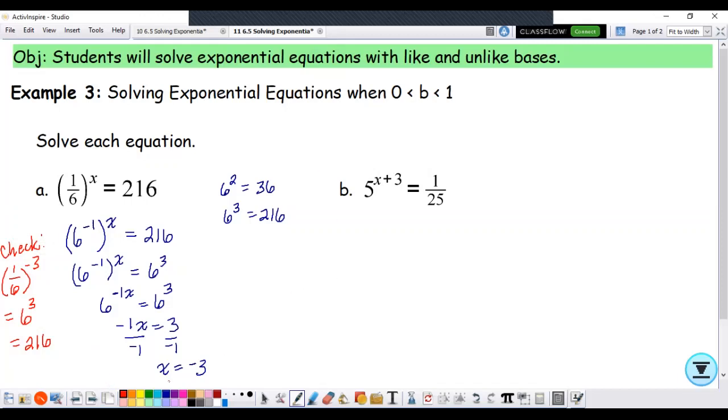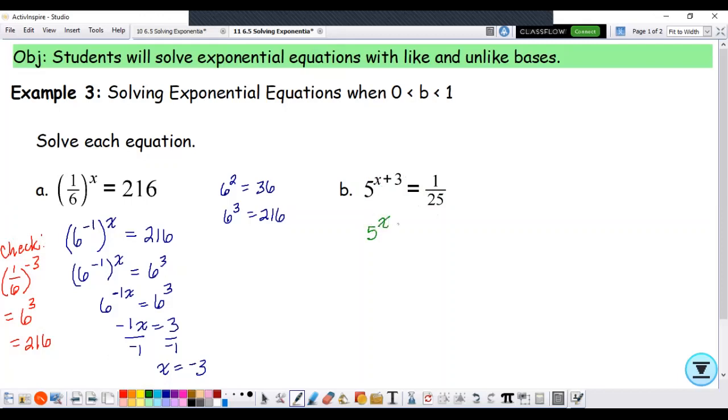I can do something similar with example B. I have 5 to the x plus 3 equals 1 over 25. I can't exactly change my base of 5, but hopefully you recognize that 25 is the same thing as 5 squared.